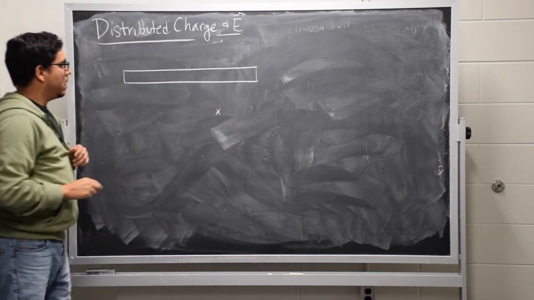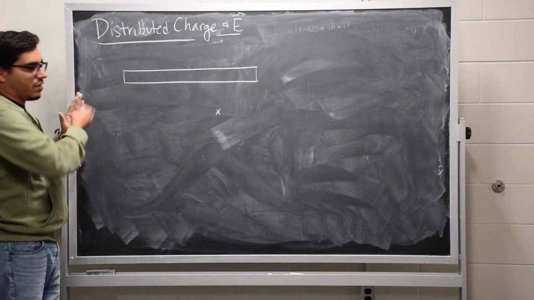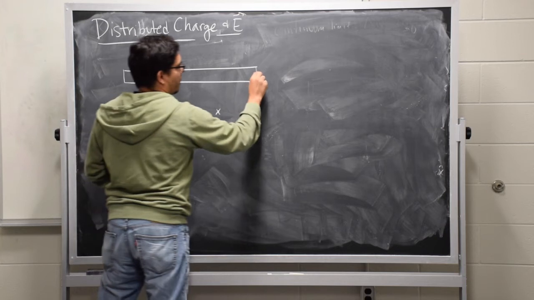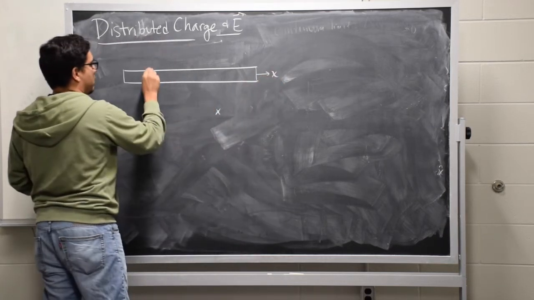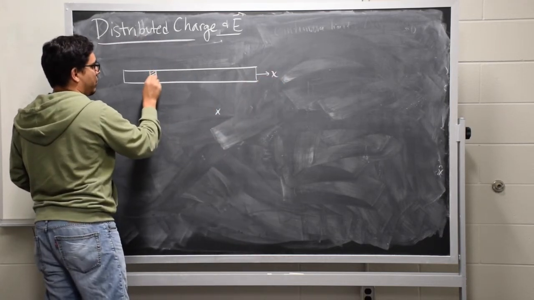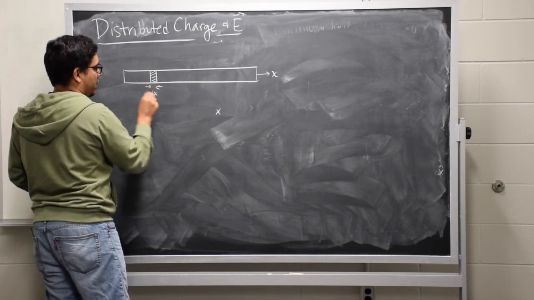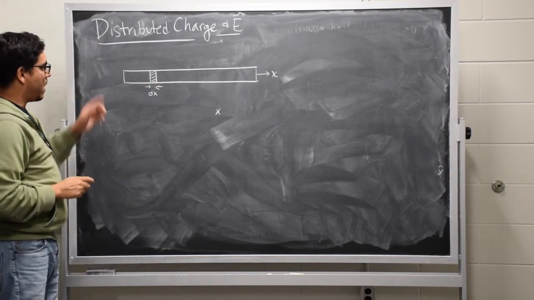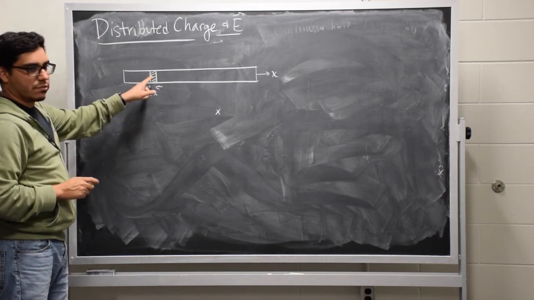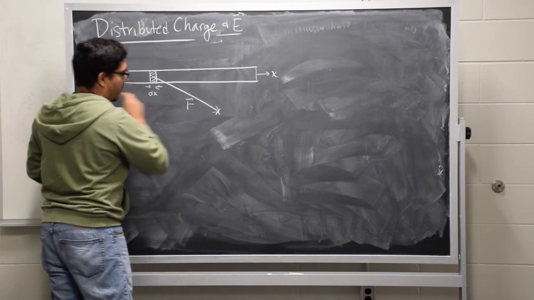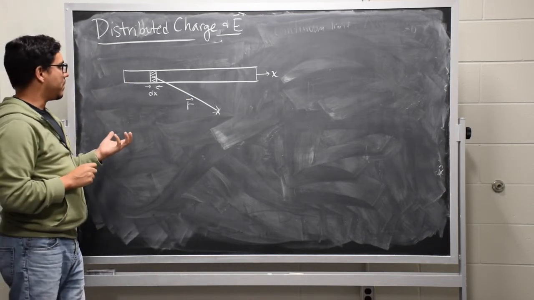So we'd want to slice up this line of charge into little chunks. Let's say, for the sake of argument, this is along the x-axis. Here's our little thin slice. The width of that little slice is dx, and that little source is a distance r away from the point that we actually care about.